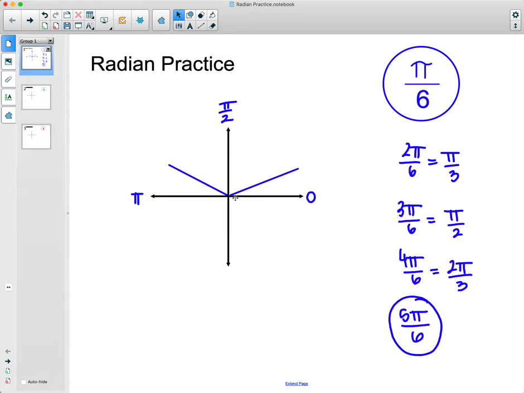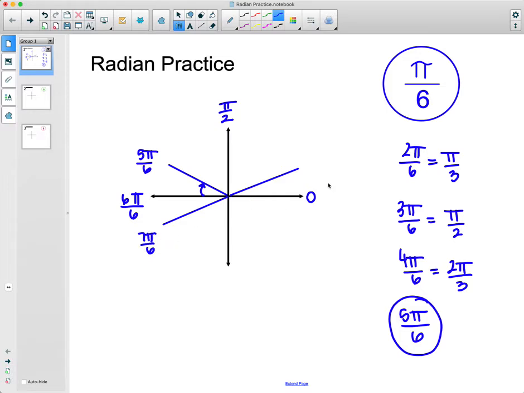Pi over 6. This one is 5 pi over 6 because it's a pi over 6 before pi. Remember, in sixths, pi is 6 pi over 6. So when you're 1 pi over 6 before it, you're at 5 pi over 6. If you're 1 pi over 6 after it, then that would be 7 pi over 6.